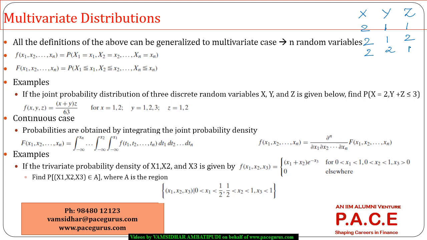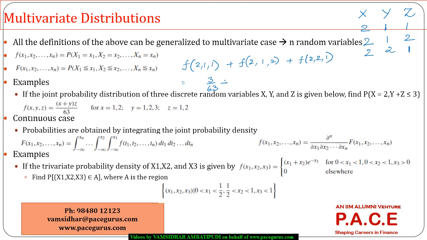So these are the only possibilities that exist. So I can very well find out f of 2, 1, 1 plus f of 2, 1, 2 plus f of 2, 2, 1 to solve this expression. So the first one, (x plus y) times z, (2 plus 1) times 1, which is 3 by 63.